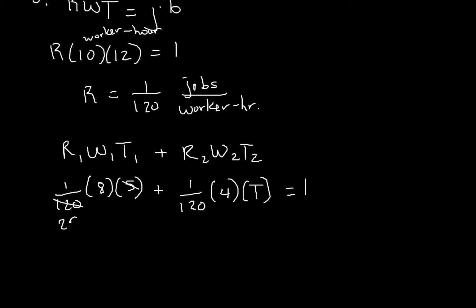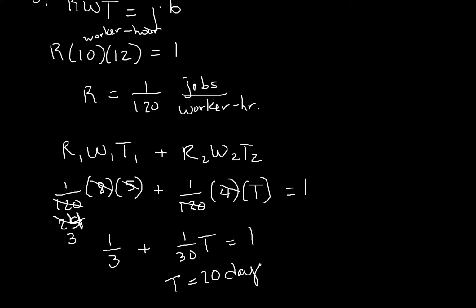So this is going to be 24, and so this is going to go in 3 times, so it's 1/3, plus, this goes in 30 times, 1/30th T equals 1. And so if you do all that math, you get T equals 20 days. And that's your answer.